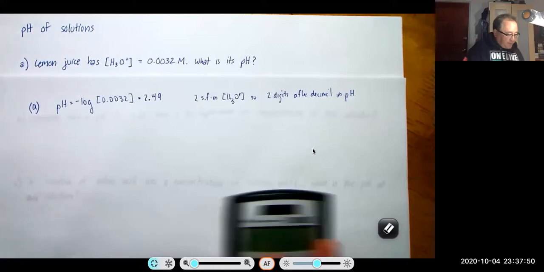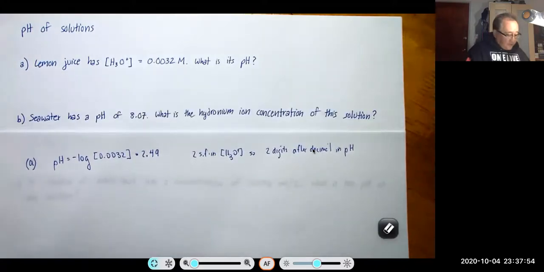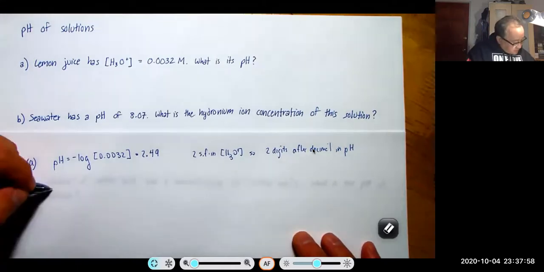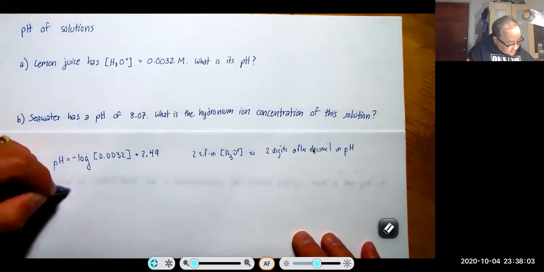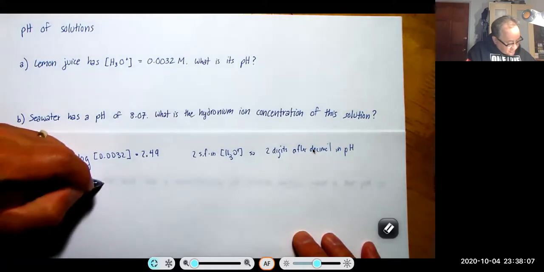All right, let's take a look at B. Seawater has a pH of 8.07. What is the hydronium ion concentration? So for B, we're calculating the hydronium ion concentration, which is 10 to the minus pH.